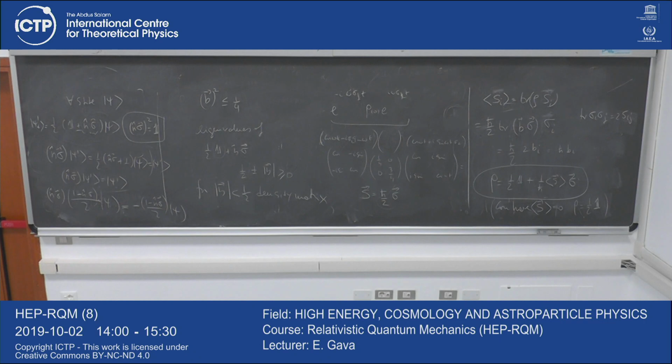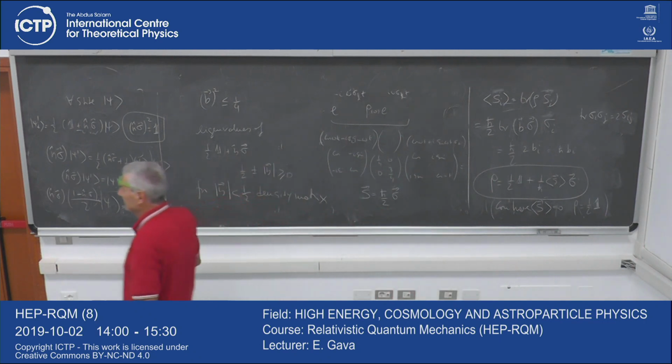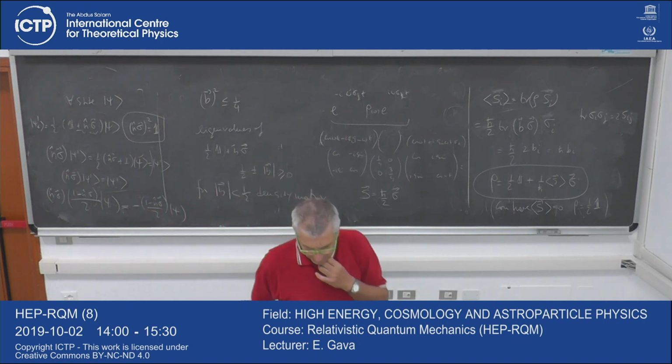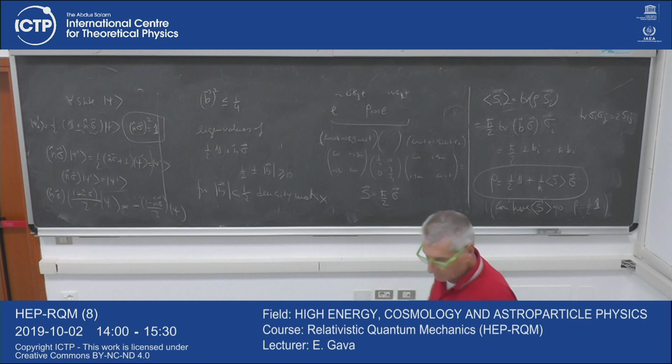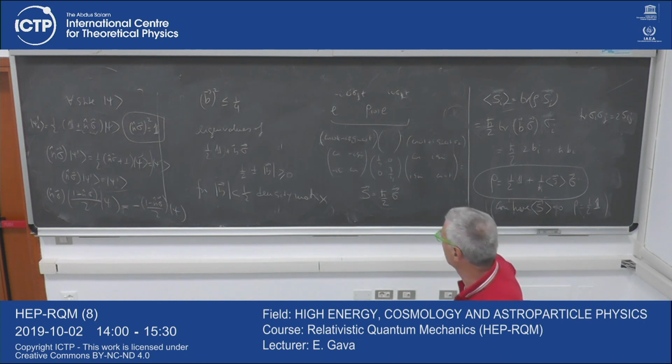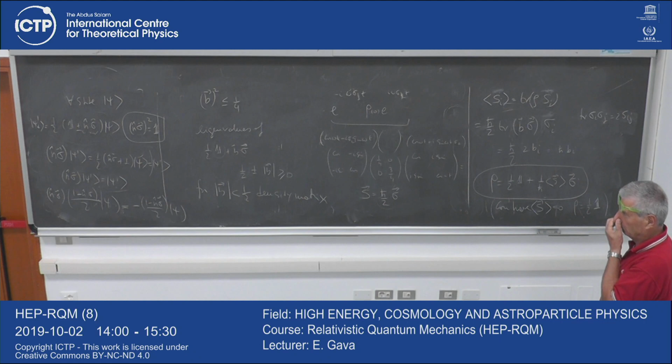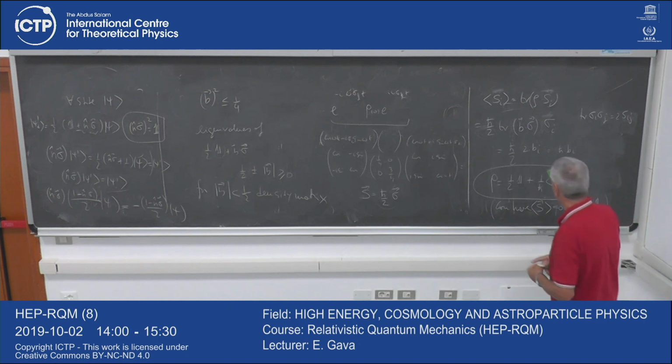Consider an arbitrary state, alpha beta, take the matrix element of the spin in that state, this bra and ket, and verify that if you impose that all the S are 0, then you get that the state is 0, essentially, so that it is not a state. Yeah, this is what I wanted to say.